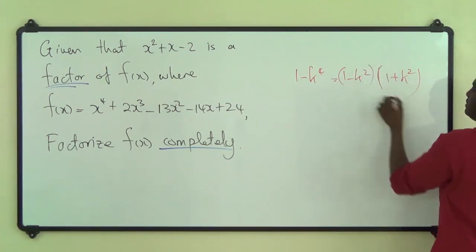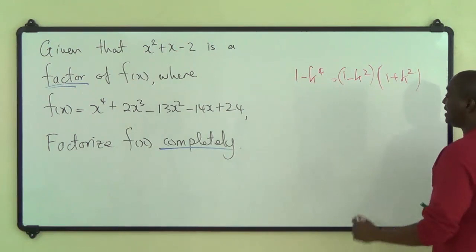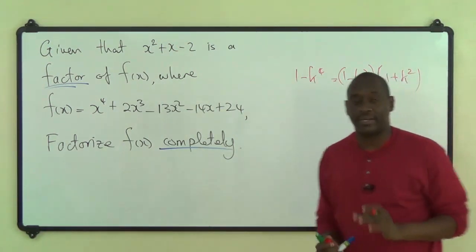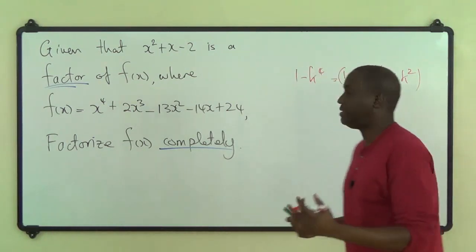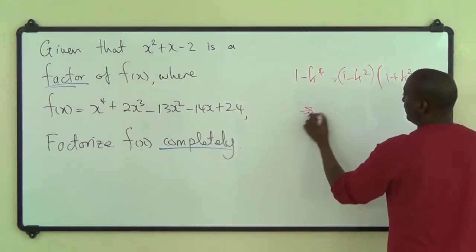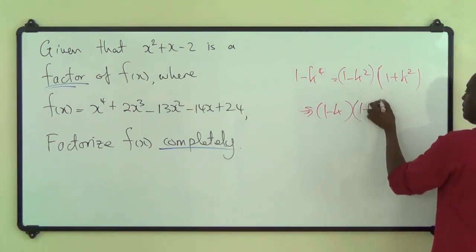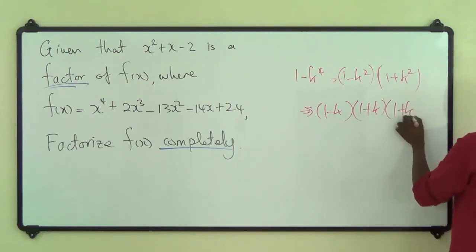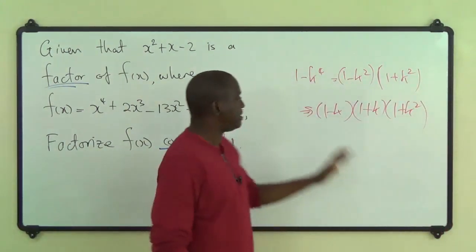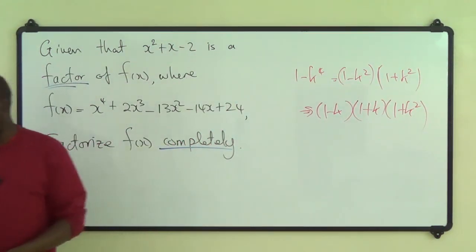If the question is worth 2 marks, you only have 1 mark, because at that point this factorization is incomplete. We still have to finish the work, which is to take 1 minus k squared and get 1 minus k into 1 plus k, into 1 plus k squared. I just demonstrate the concept here to say that we're going to apply it now.